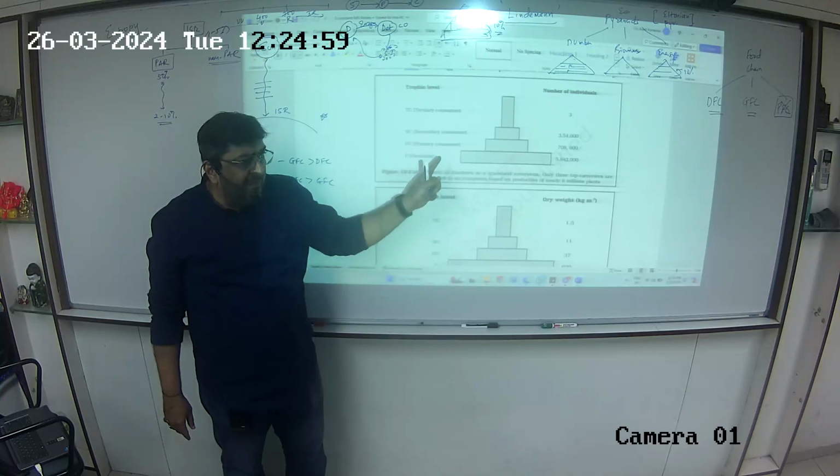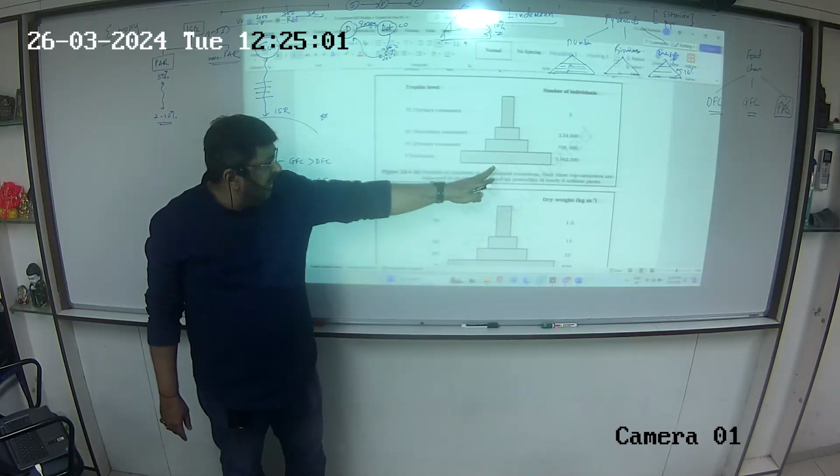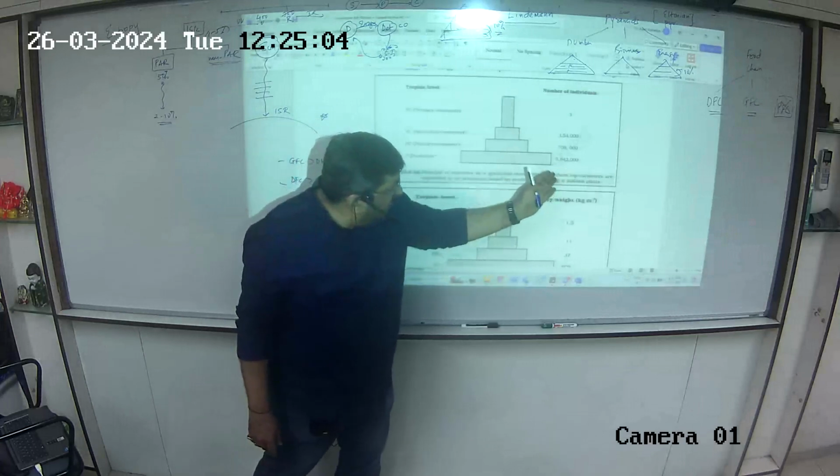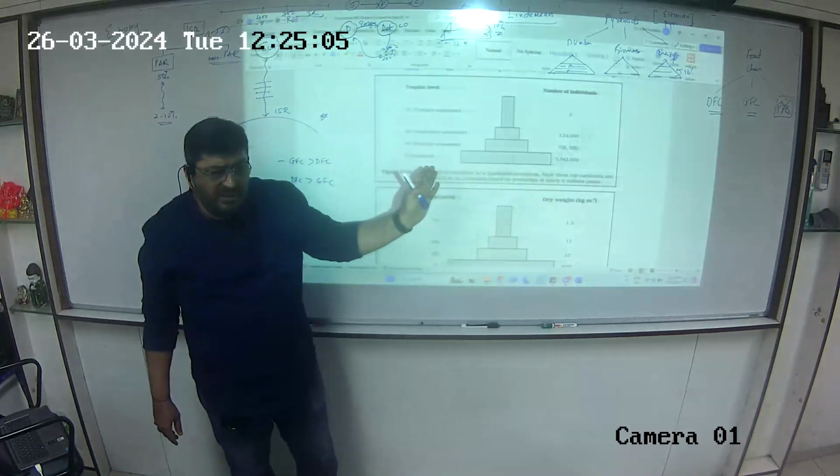Now if you look at the numbers, at the producer level they have given you 58 lakh 42,000, that is roughly around 60 lakh or 6 million.